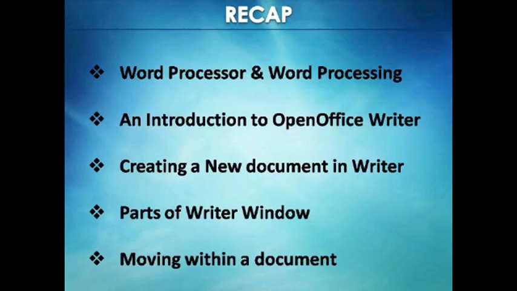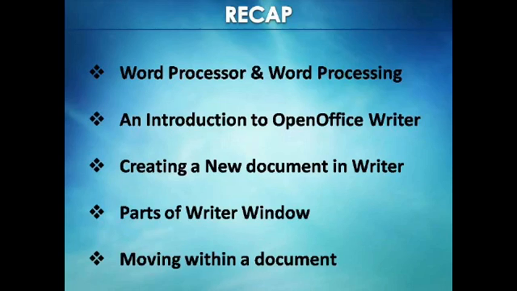Then we discussed the different parts of Writer window as title bar, menu bar, toolbar, scroll bar, ruler, working area, status bar. These are some of the parts of OpenOffice Writer window. Finally, we discussed how to move the insertion pointer within a document. The flashing vertical bar in a document is called insertion pointer.